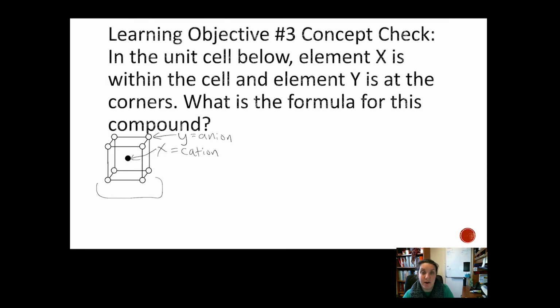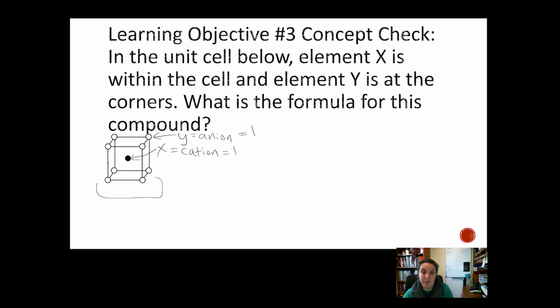Now we need to figure out what our empirical formula is here. We've got anions on each of the corners. There are 8 total corners, and each one accounts for 1/8 of an atom, so we have 1 of these. Our cation is completely within the unit cell, so it is going to account for 1 atom.